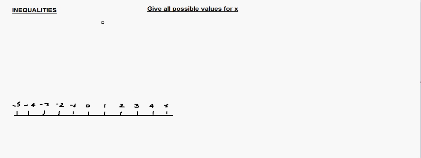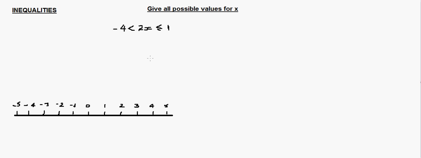Now sometimes what they'll do in the exam is they will give you, for example, 2x is greater than -4, but is less than or equal to 1.